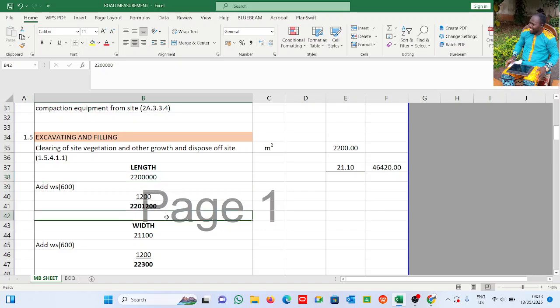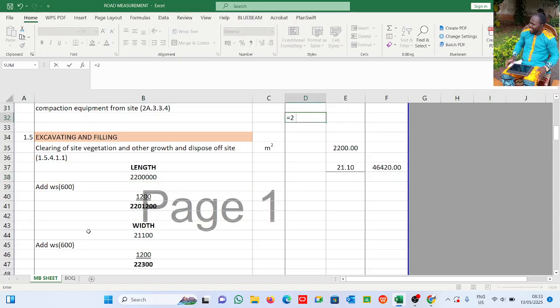Let me try something here. This is 2.2. 1,000 meter is 1 kilometer. So this is 2,200 meter times 1,000. This is millimeter. So that if I divide by 1,000, coming back to meters.